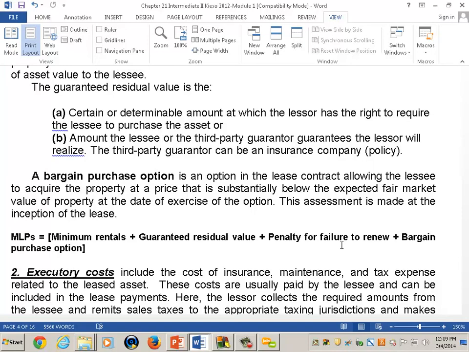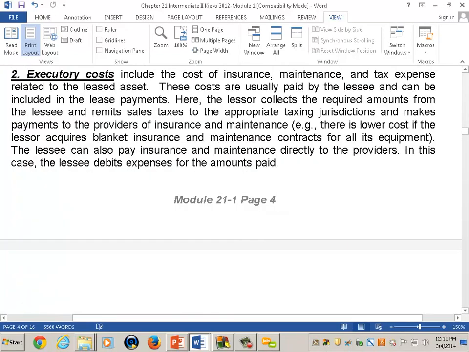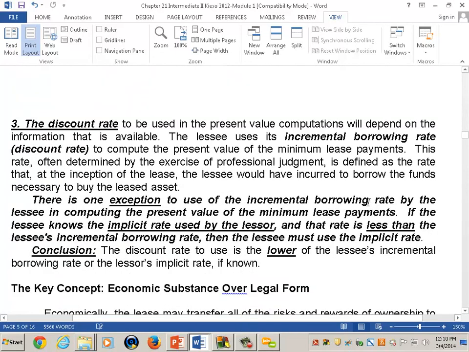Now, we said the asset will be valued at the present value of the minimum lease payments or the fair value, whichever is lower. In order to discount those minimum lease payments, we need a discount rate. The discount rate, if you go to page 5, is going to be the incremental borrowing rate, which is the rate that the lessee would incur if they borrowed on a loan.